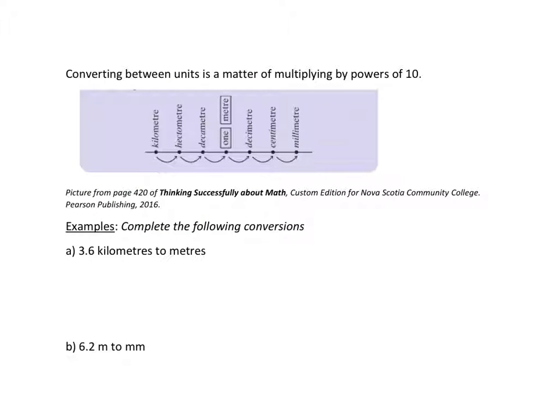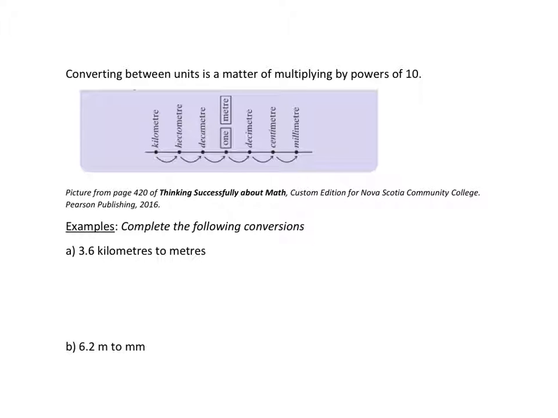One of the nice things about the metric system is that once you know those prefixes, you can do any type of converting between units because it's always just a matter of multiplying by powers of 10. You never need to, for instance, remember that there are 4 quarts in a gallon. You just need to know that centi means 1/100th of a meter or a liter or a gram.